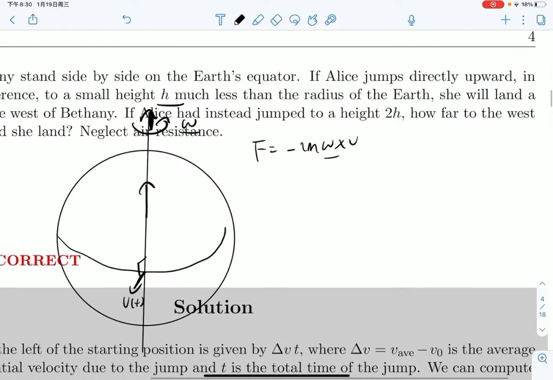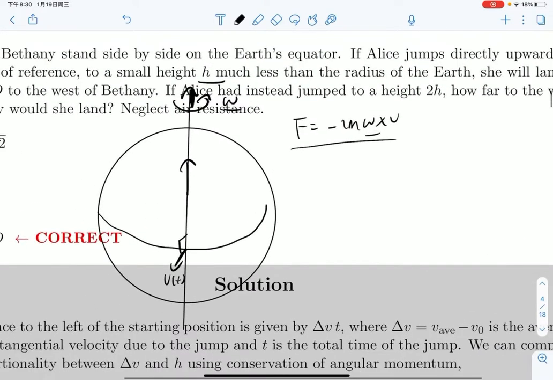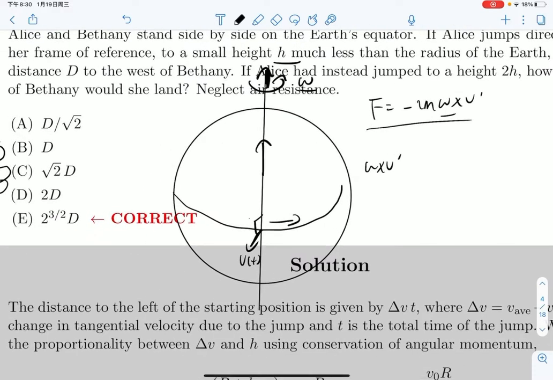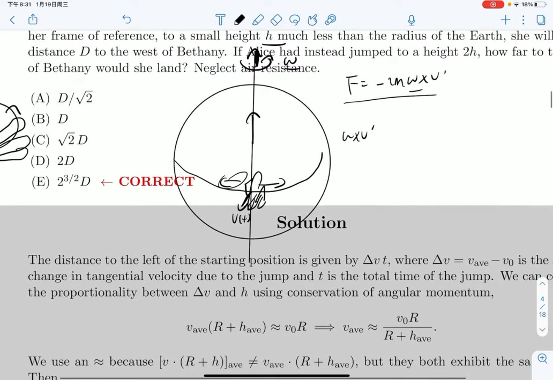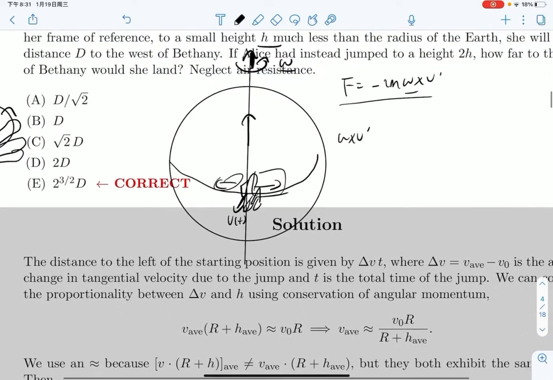So in this case, you can see the force is acting in that direction. So omega cross v prime is acting in that direction. Use your fingers and bend them in that direction, and taking the opposite is just basically this direction.